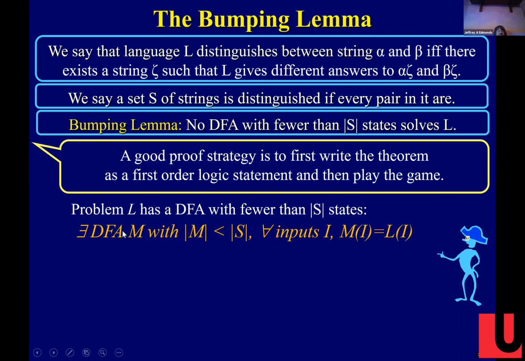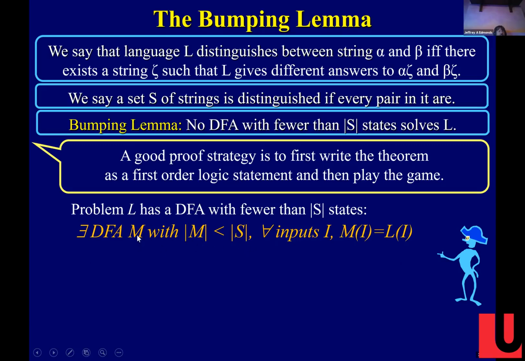This is saying, if there exists a DFA M, where the size of M is the number of states, and the number of states is less than or equal to the number of strings in our set S. We're trying to say that there is a DFA with fewer states. Here I'm saying there exists a DFA since the number of states is less than S.